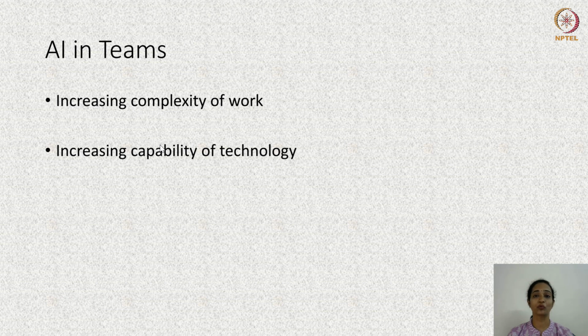And we are looking at ways in which, in the first lecture, I talked about increasing application of teams in organizations. Given the scale and the complexity of work, it is not possible for a single human being to carry out many tasks. We rely on a group of people to collaborate, communicate, and coordinate with each other to carry out these complex tasks.